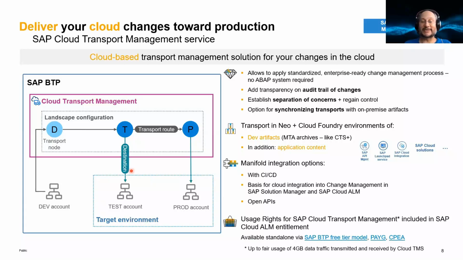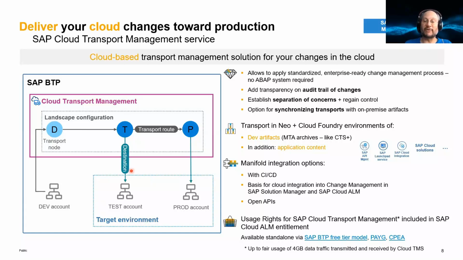The good thing is that when you are using your Cloud ALM entitlement, you get the usage rights for Cloud Transport Management with it. And if you get a new account now, Cloud Transport Management is even already set up as a subscription in the same sub-account.